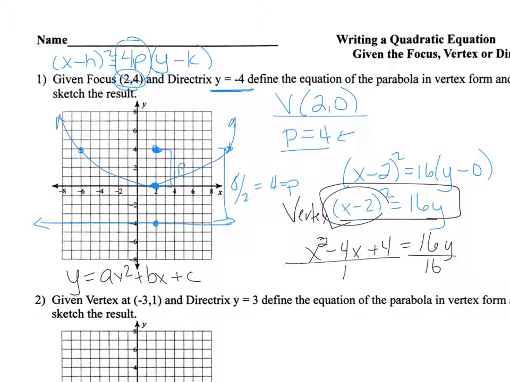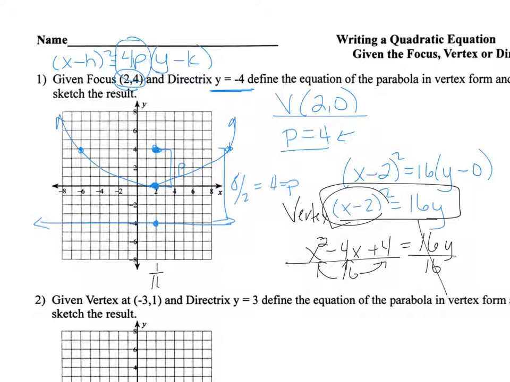Then we take this whole thing and divide by 16. Standard form does not have a big line with a divided by 16 under there, so you do have to do the math. We take that 16 and divide it into each one of them.